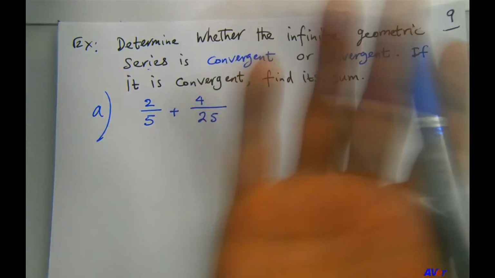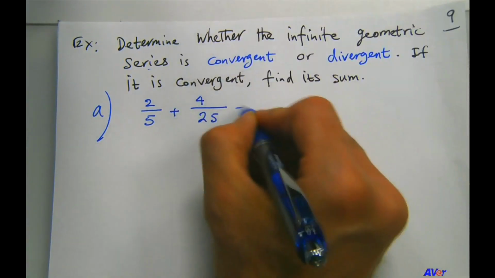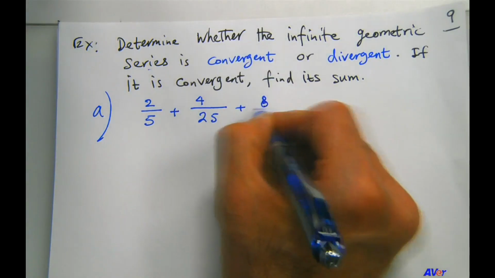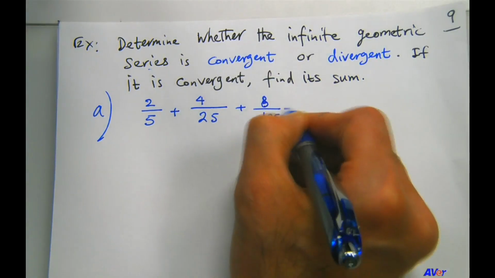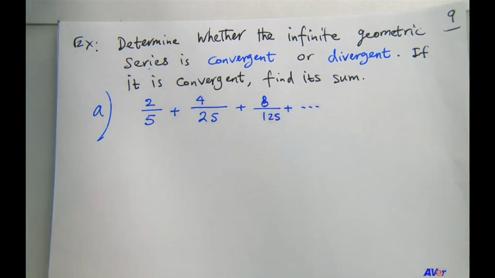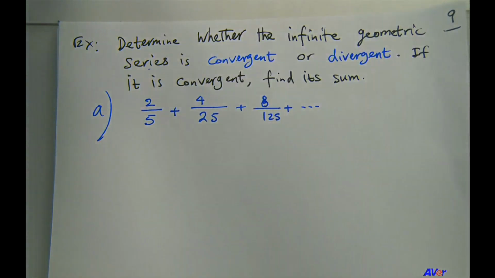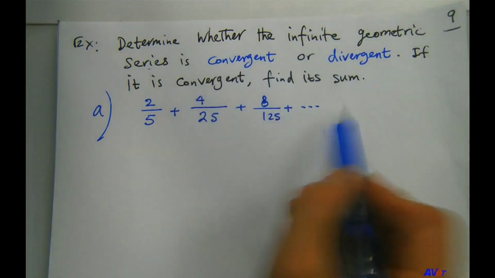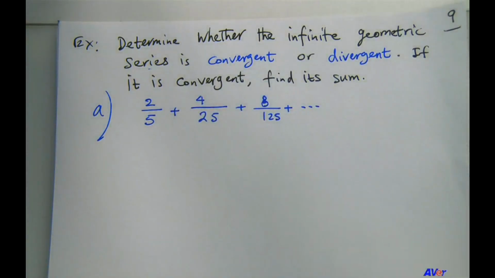A series is a sum. 8 over 125 plus ... Okay, so the first thing for us to determine is whether this infinite geometric series is convergent or divergent. And the way to do that is we find the common ratio. So, solution here.